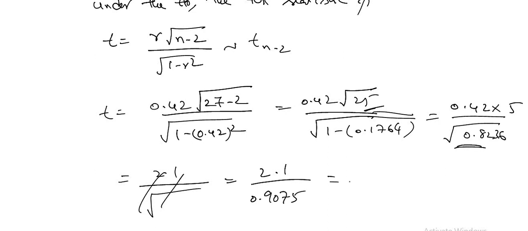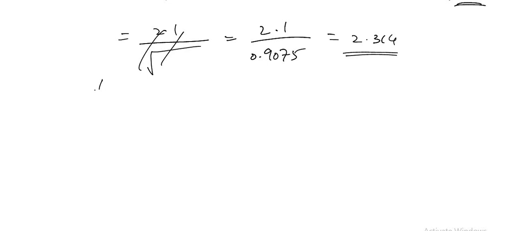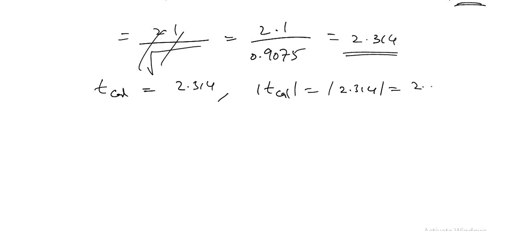Finally, 2.1 divided by 0.9075 equals 2.314. This is the t calculated value. Even if you take the modulus, it will be the same value, 2.314.